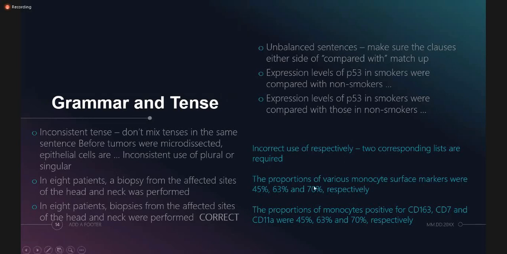In the first sentence, which was incorrect, this respectively is referring to what was not mentioned in that sentence. In the bottom sentence, the term respectively is referring to these three genes, CD163, CD7, and CD11A, which must be mentioned in such sentences.